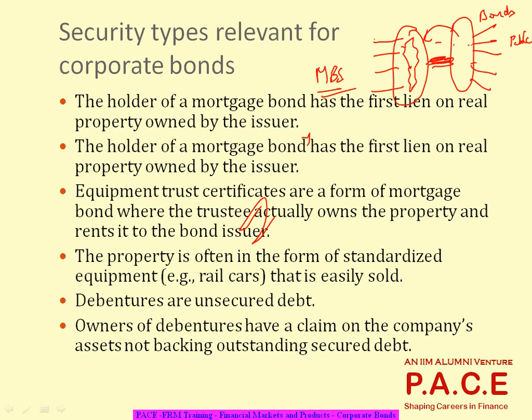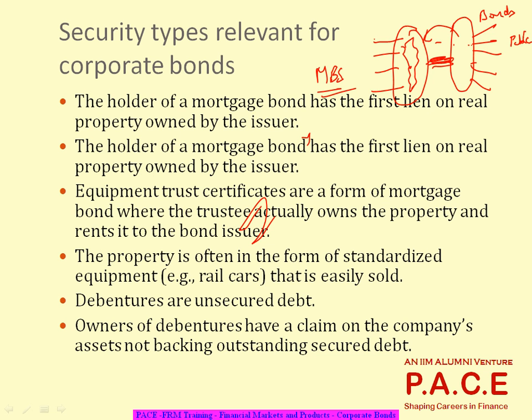He rents it to the bank, who is the bond issuer, or to the middle party, who is the bond issuer. But in case there is a default, these guys can take from the trustee either cash or the real estate. Either thing can work out, because now the trustee is the owner.